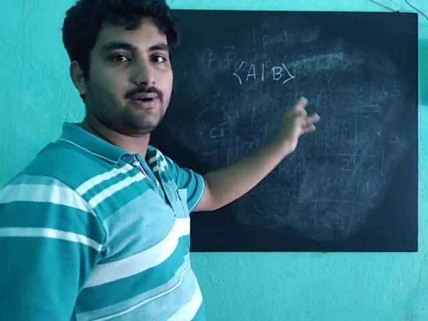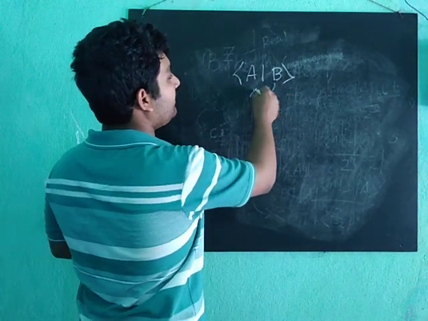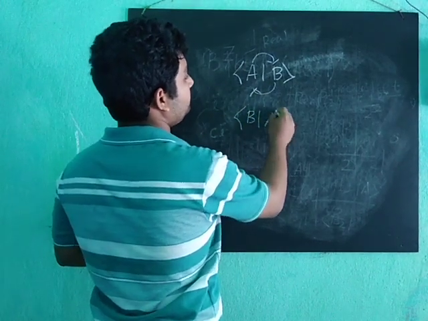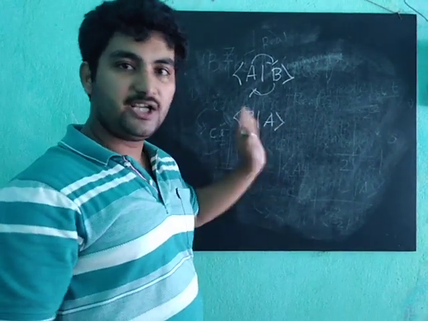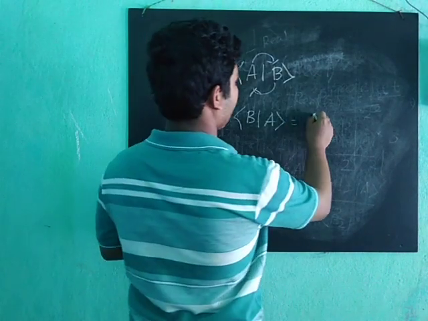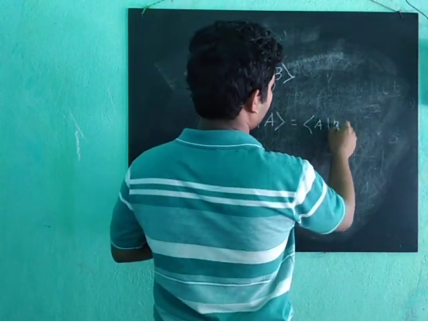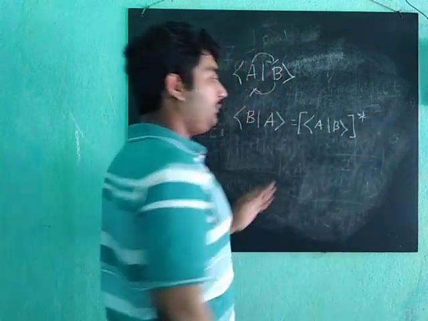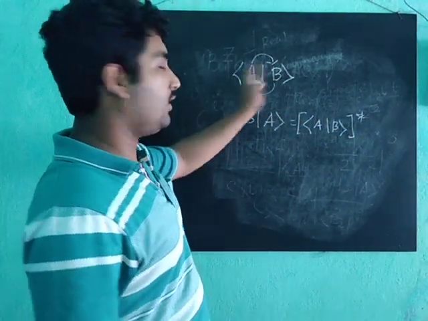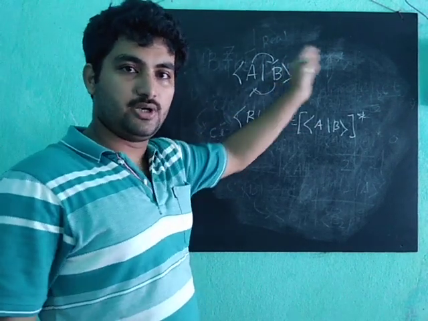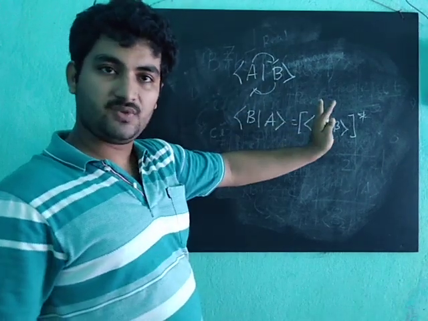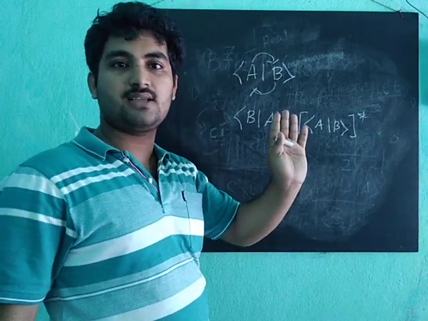If I change the order, so that B comes here and A comes here, it will become the complex conjugate. So this is the complex conjugate of this one. This is another assumption.